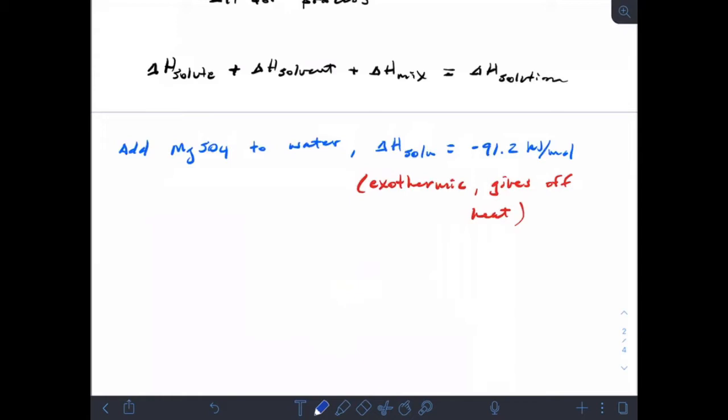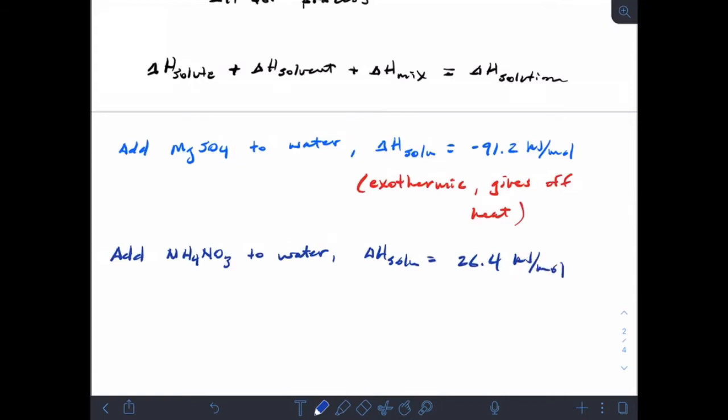Okay. If we add some ammonium nitrate, on the other hand, to water, the delta H of solution is 26.4 kilojoules per mole. Okay.